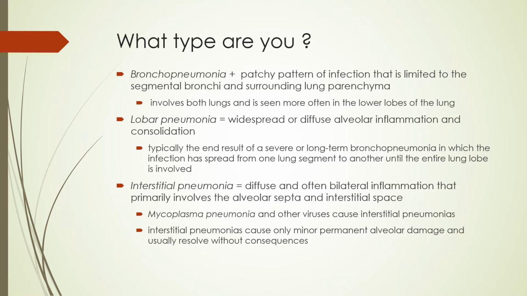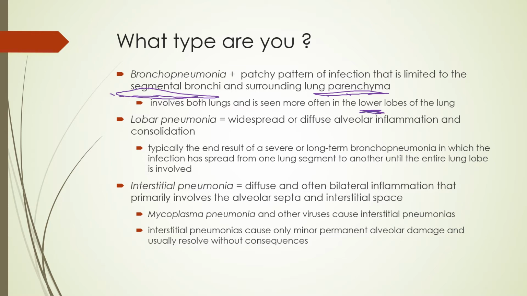All right, so bronchopneumonia, this is just going to show a very patchy pattern. Usually it's just going to be in a sort of segmental area. It's not going to be widespread, just in a segment, and it's going to be in the respiratory zone. Remember, parenchyma is just another word or synonym for respiratory zone. This involves both lungs and is seen more often in the lower lobes.